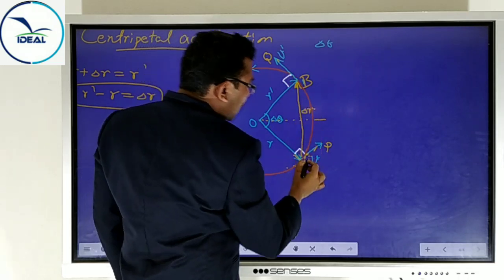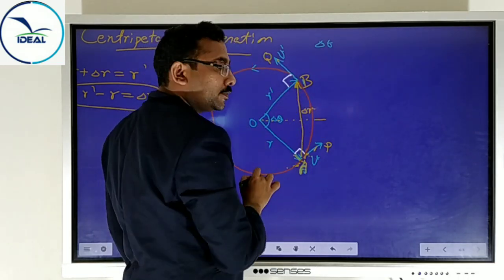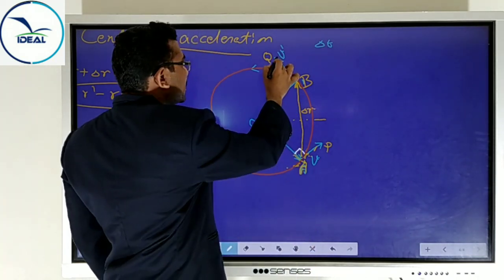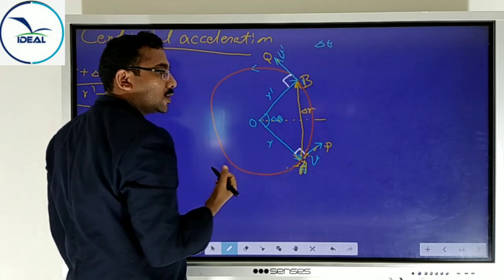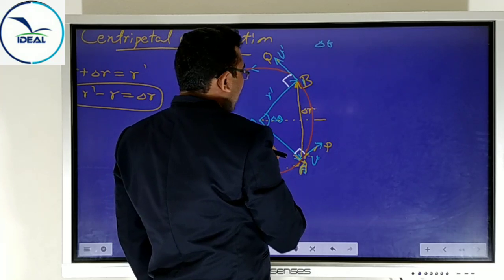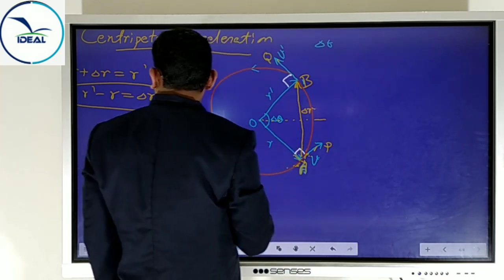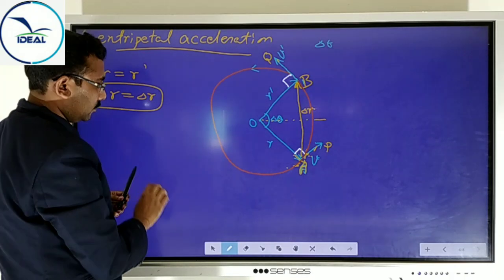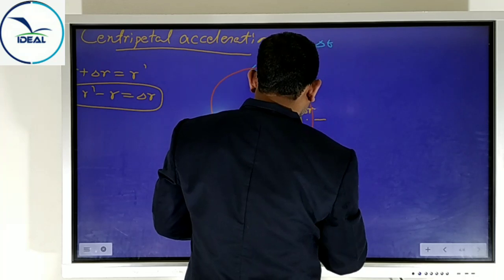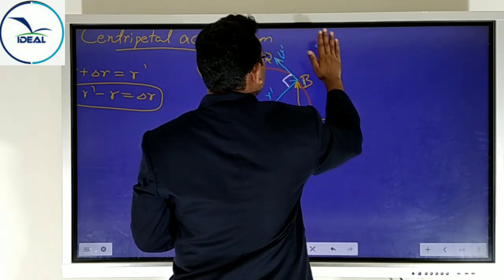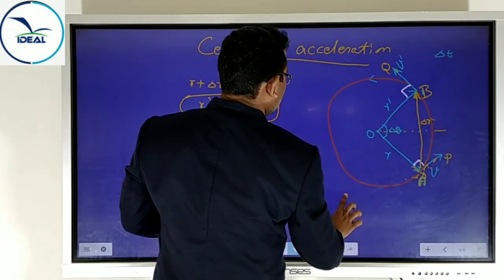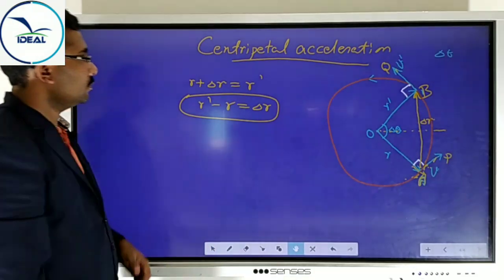Also at B, r dash and v dash are perpendicular because this radius and the tangential velocity are perpendicular.